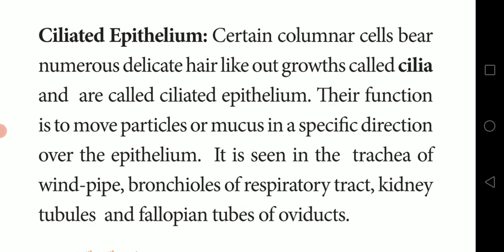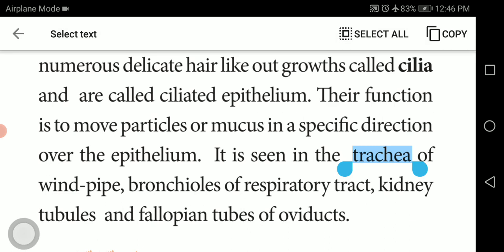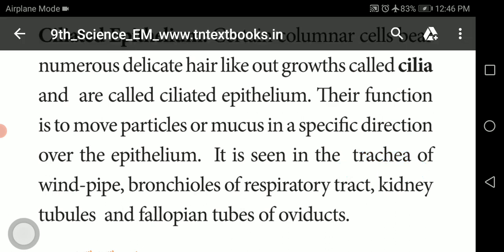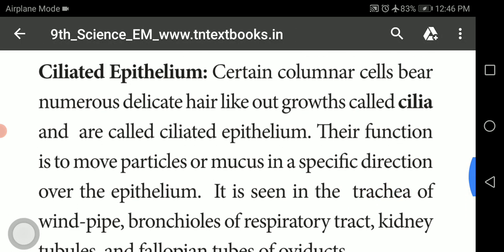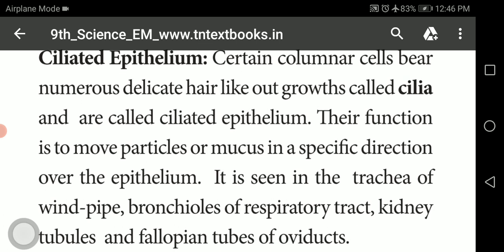Numerous means more, delicate means soft. These hair-like structures are called cilia, and this is what we call ciliated epithelium. Their function is to move particles or mucus in a specific direction over the epithelium.